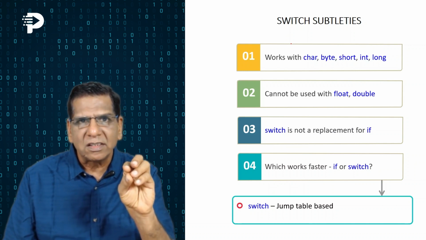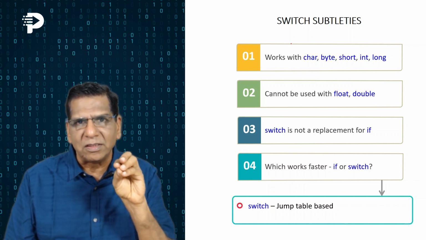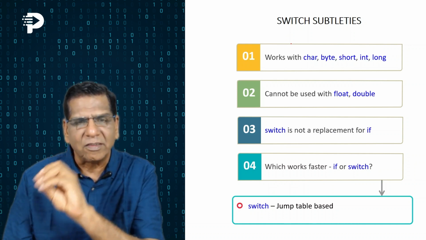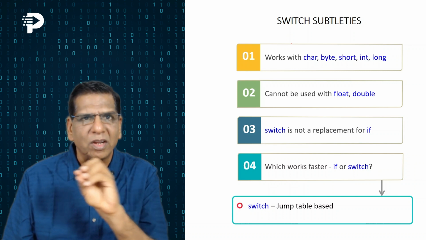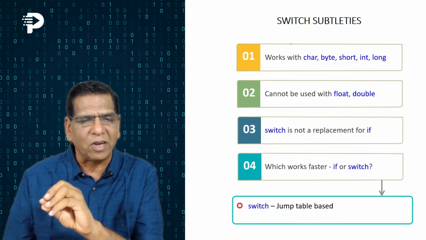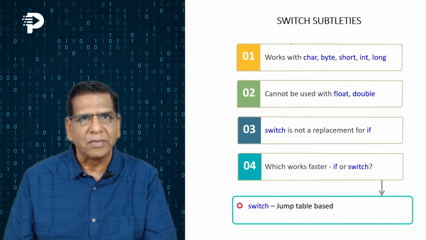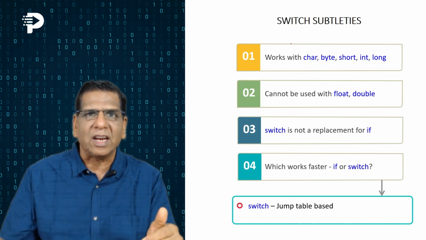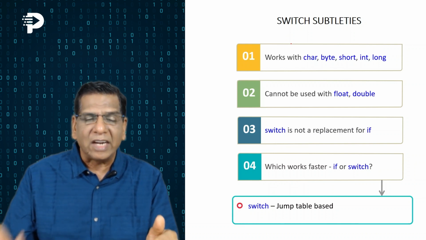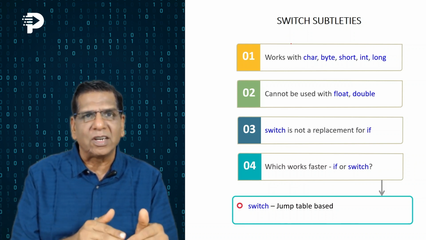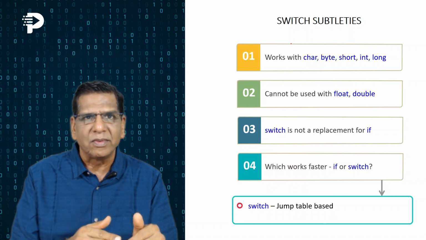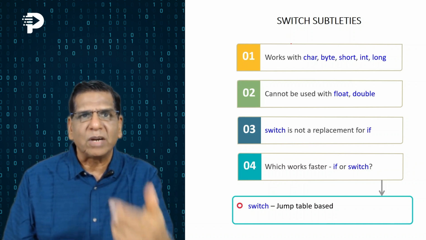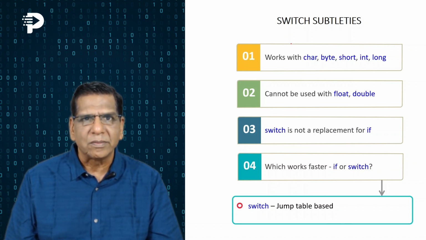It contains information that if value of a variable is this value, straightway jump to this particular address where the instruction for that particular value of switch or that particular value of case is kept in memory. For another value of variable that you are checking in switch, there is another jump instruction to which address should the control jump if that value is encountered in the switch variable. Since it is jump table based, it is very easy to do what? Jump to that particular instruction during execution.